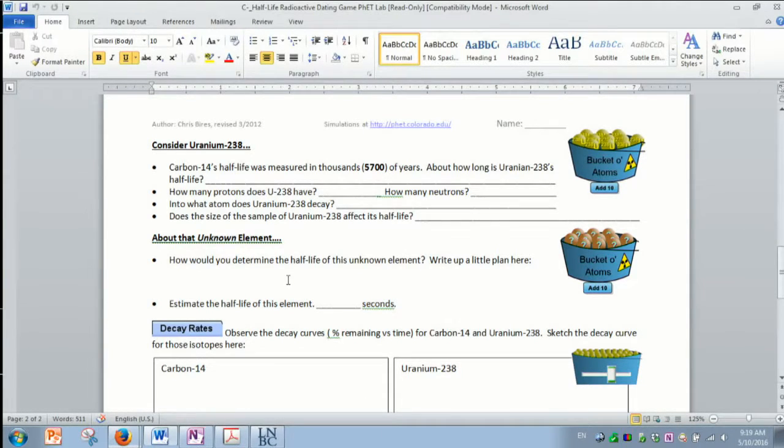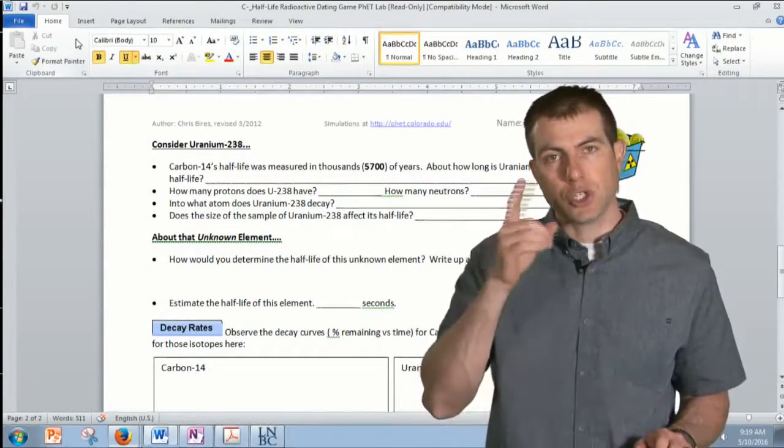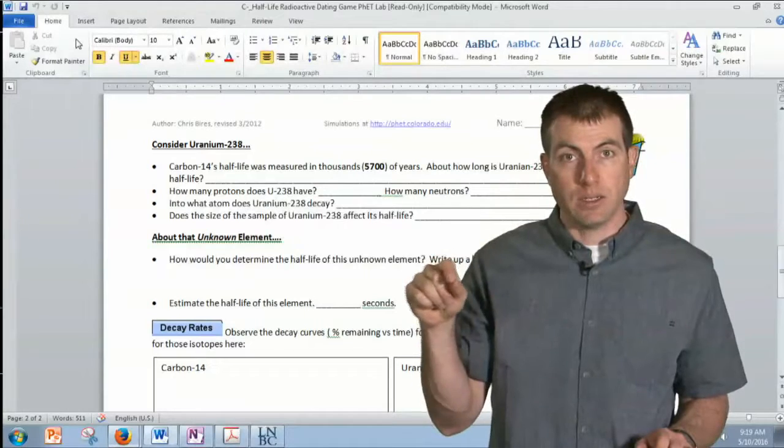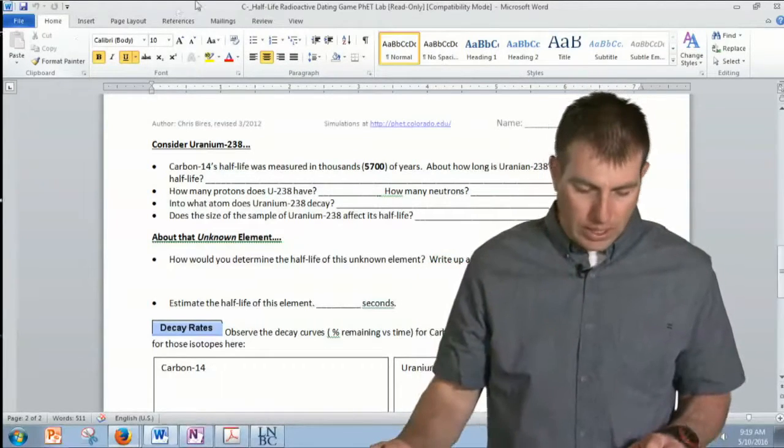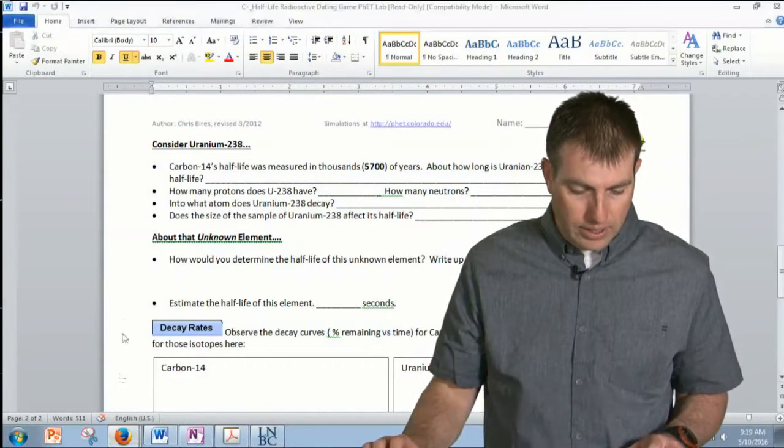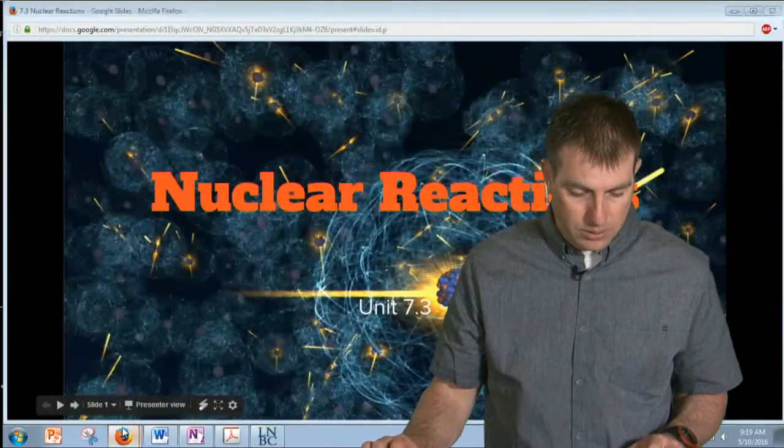If I recall correctly, when you run the simulation, you can look at the half-life. It doesn't necessarily give you an amount of time, but it gives you a little chart where the atoms are decaying. And then it gives you a red line, I believe, where exactly half have decayed.